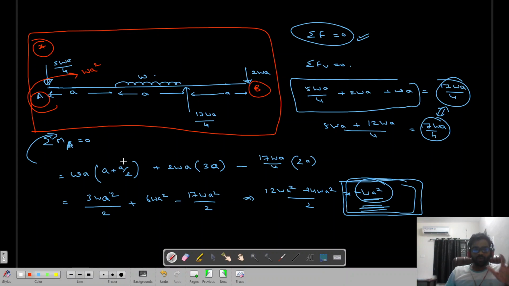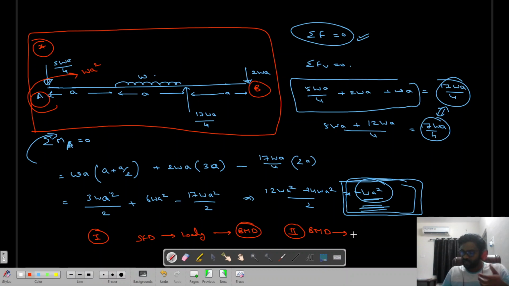In my next video, I will discuss how to draw the loading diagram from the given बेंडिंग मोमेंट डायग्राम. ओके, शेयर फोर्स डायग्राम अगर दिया हुआ है तो शेयर फोर्स डायग्राम से लोडिंग डायग्राम बनाएंगे, फ्रॉम दैट लोडिंग डायग्राम वी विल ड्रा बेंडिंग मोमेंट डायग्राम. ओके, अगर इन सेकंड केस बेंडिंग मोमेंट डायग्राम इज गिवन, फ्रॉम दैट बेंडिंग मोमेंट डायग्राम वी विल ड्रा शेयर फोर्स डायग्राम, and from that shear force diagram we will draw the loading diagram.